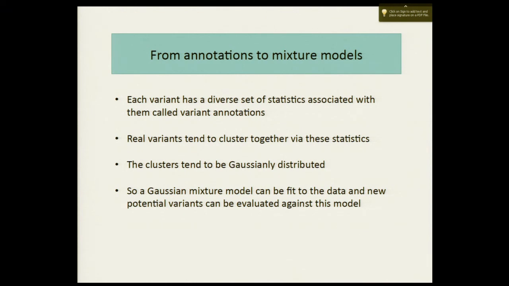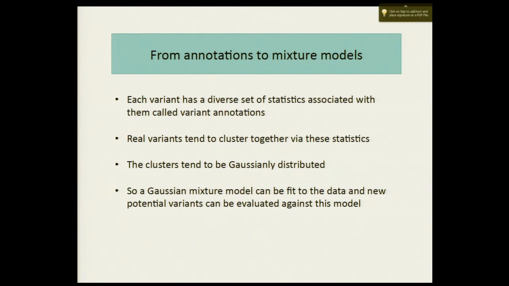What we noticed when you do that is that real variation tends to cluster together, and the false stuff tends to be outliers in this statistical space. Furthermore, most of these statistics, the way we design them, are Gaussianly distributed. It's very exciting. So you can use a very simple Gaussian mixture model to model the data. The variants that cluster together are going to be the real ones, and the outliers are going to be the false ones.